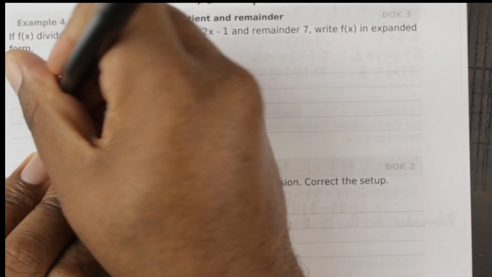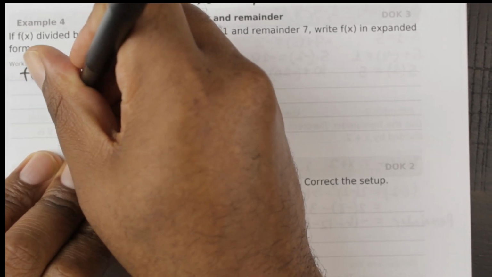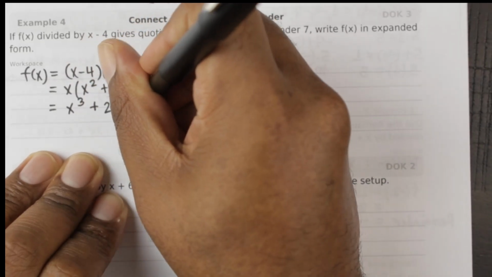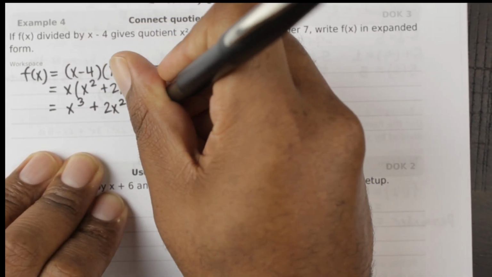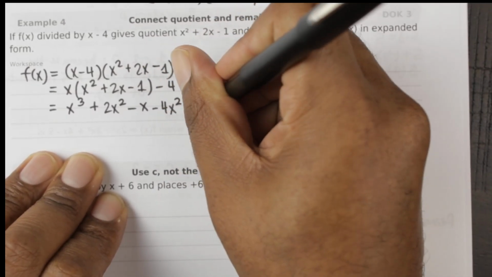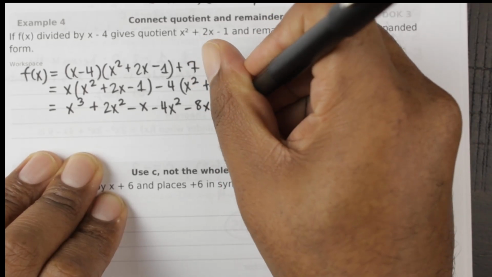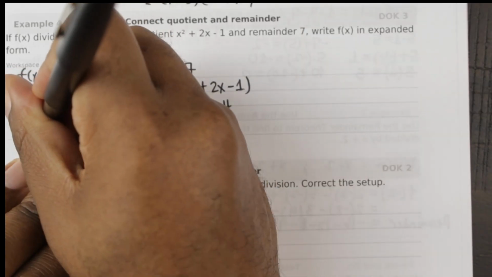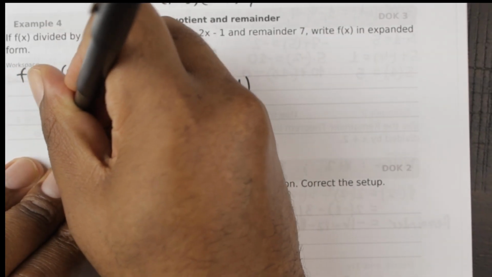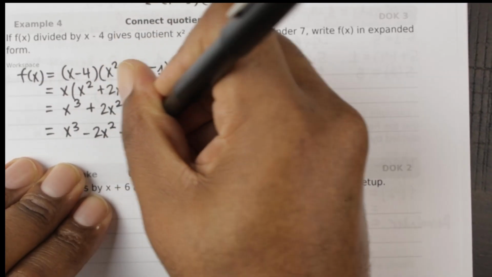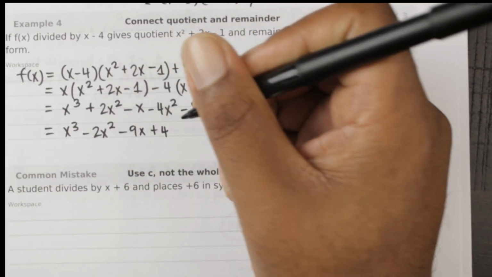And that gives x cubed plus 2x squared minus x, minus 4x squared minus 8x plus 4. Then we combine like terms. After combining like terms, we're going to end up with x cubed minus 2x squared minus 9x plus 4.